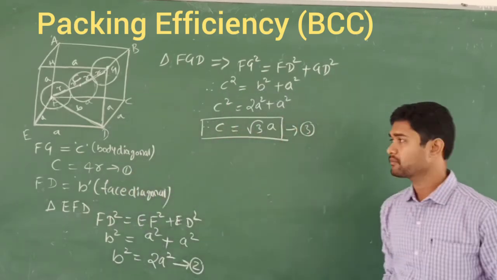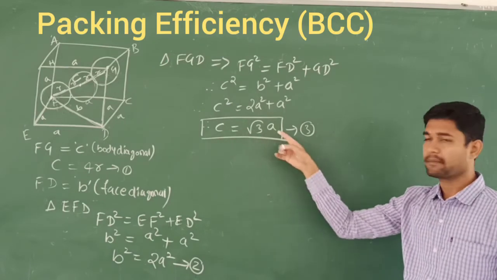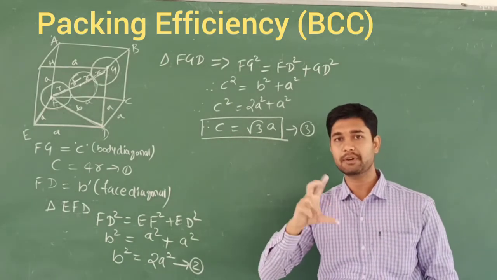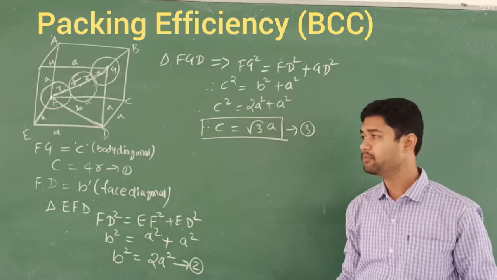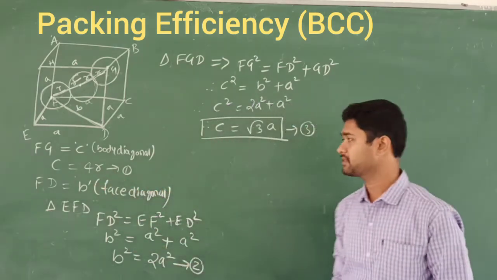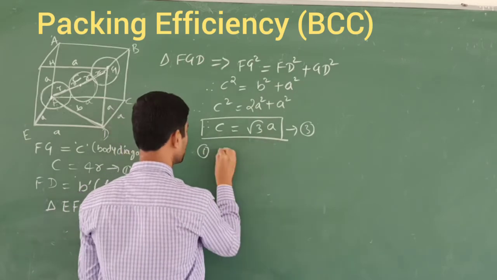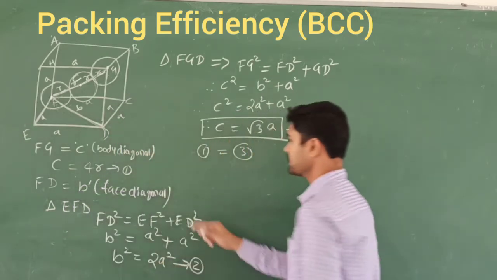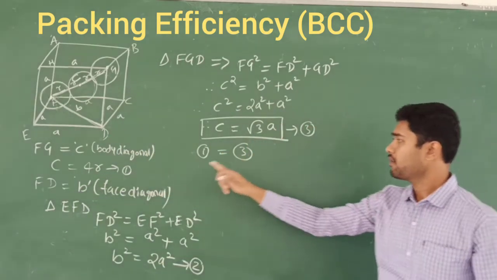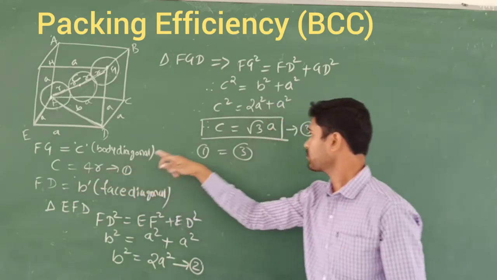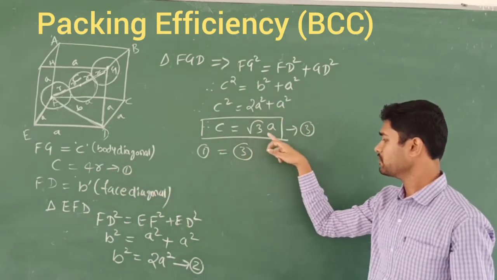Now I want the correlation between the edge length of the cube as well as the radius. That's why I am going to equate equation 1 with equation 3. Equation 1 is c is equal to 4r, and equation 3 is c is equal to root 3a.